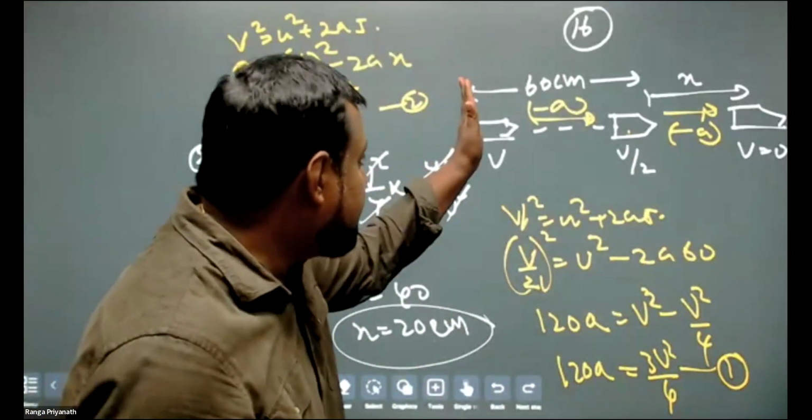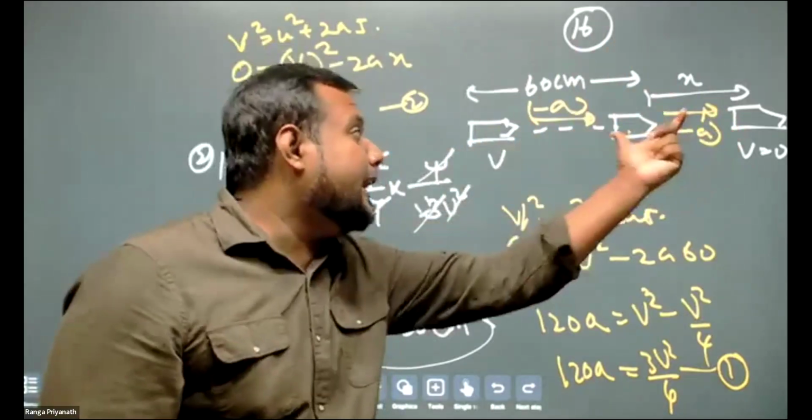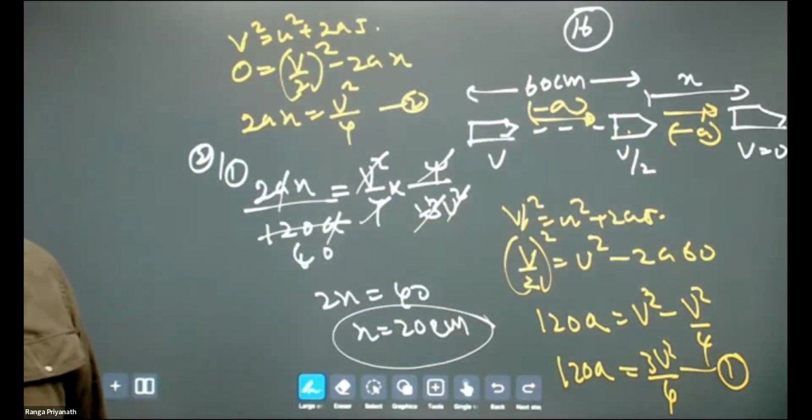They want the distance from the beginning, from here to that point, which is 80. X is 20, but the total length is important: 80.